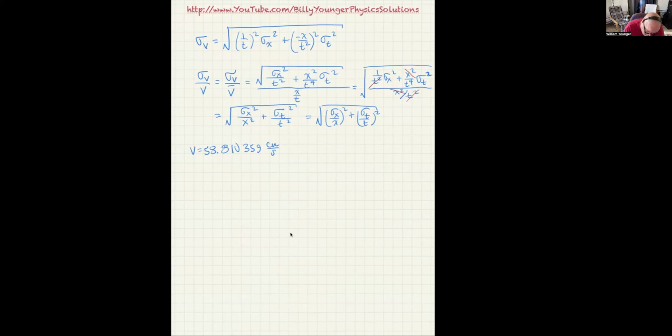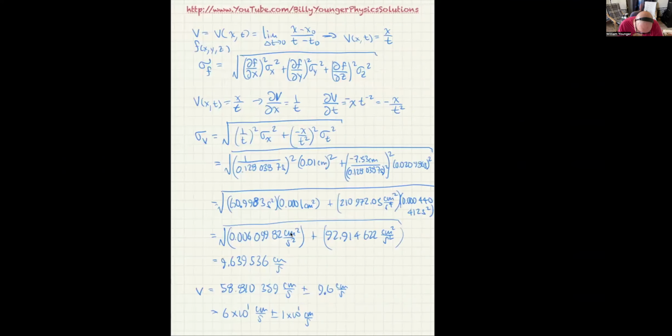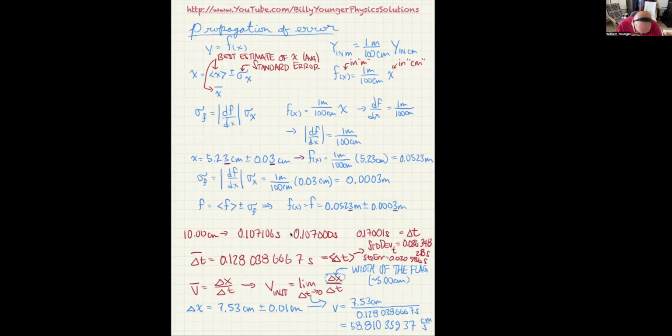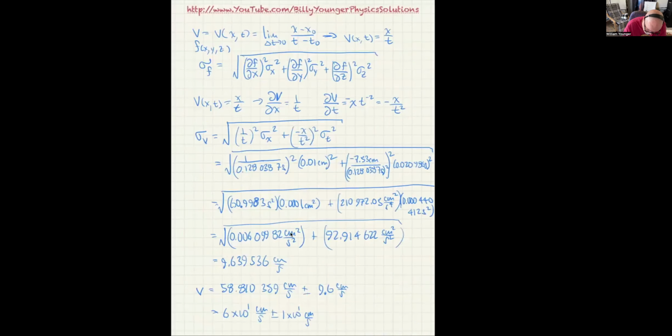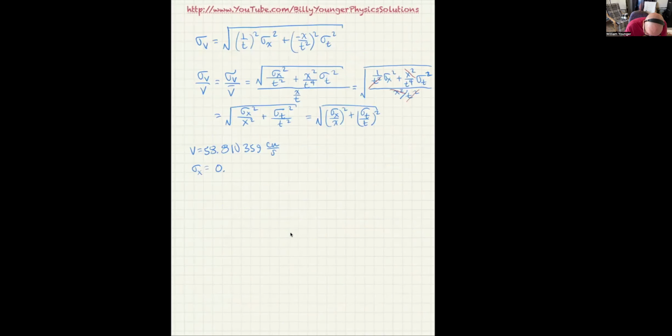Our uncertainty in x, sigma x, was 0.01, and that's centimeters.